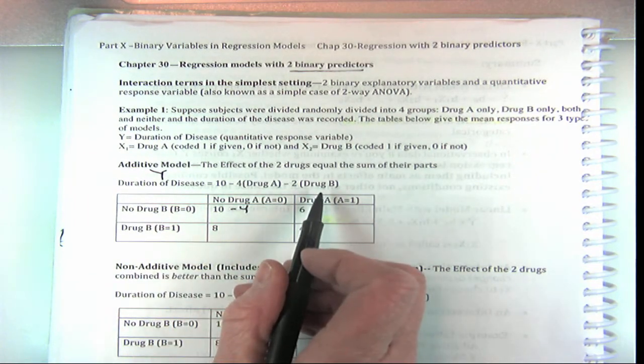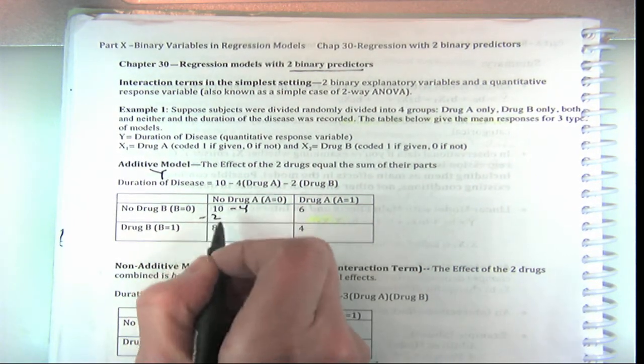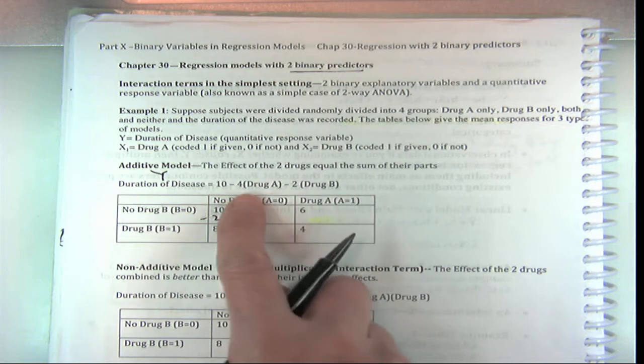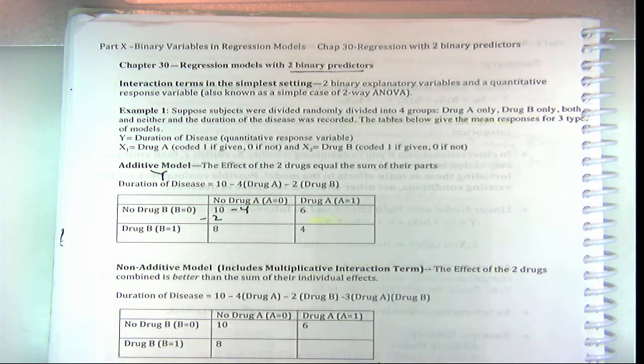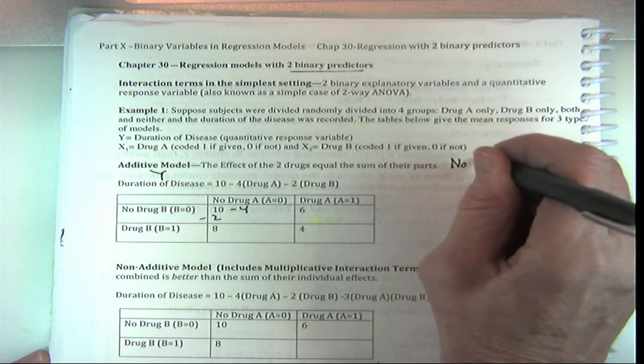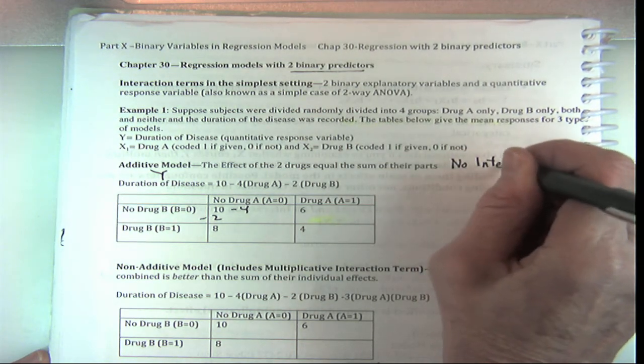Then the effect of drug B is minus 2. That brings it down to 8. And if you take both of them together, it's just an additive effect. Minus 4 minus 2, and you get 4. This is no interaction. The drugs don't interact. They're just the sum of their parts.